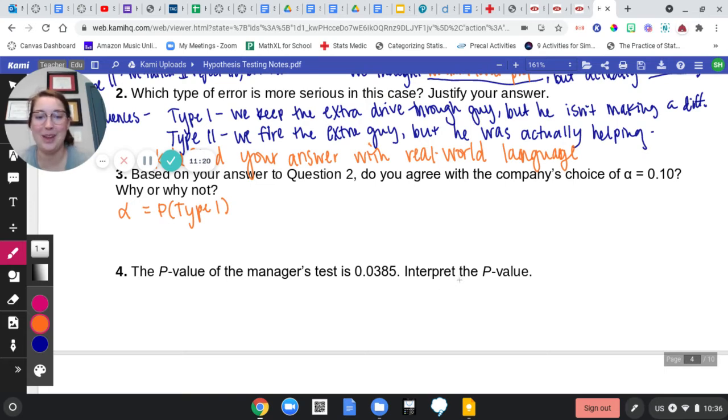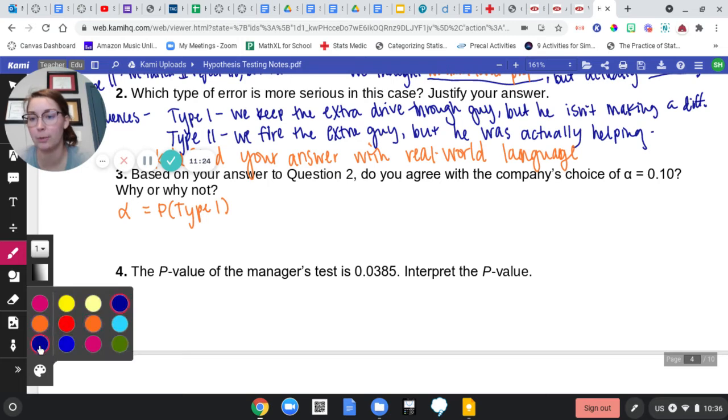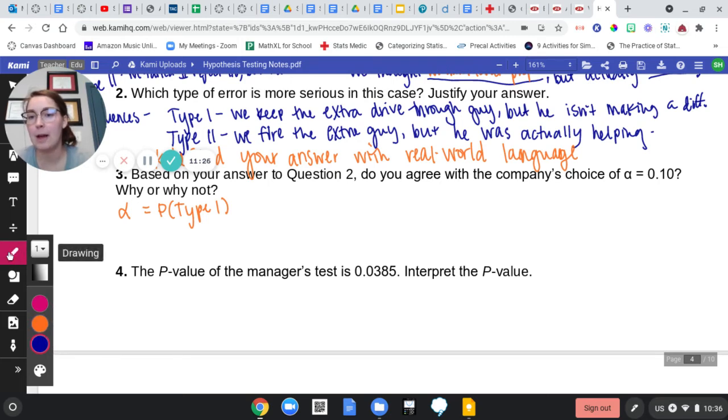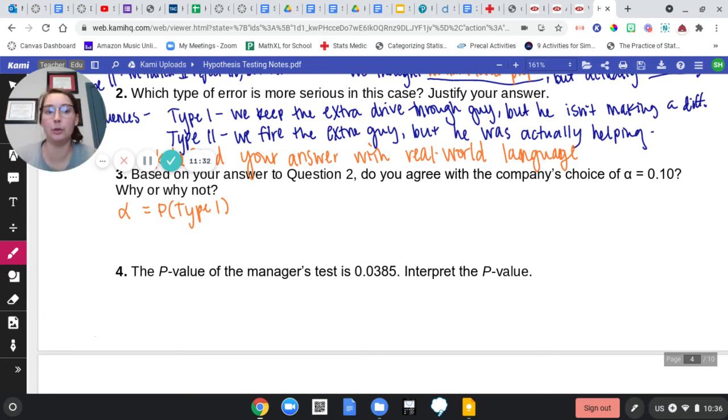So anyway, but we're not actually making a decision based on this p-value. We're just interpreting. So this one is kind of similar wording that we've used before. So like, if the null is actually the truth, this is the probability of getting what we got. And there's a million ways you could word this. So if you word it a little differently, there's a few important things that I'll point out.